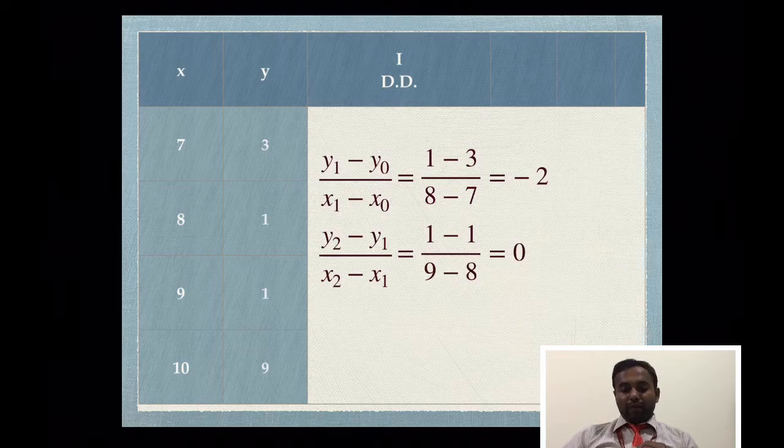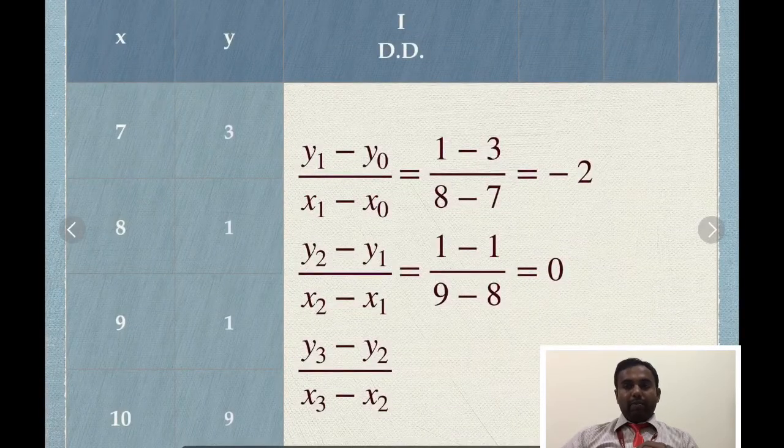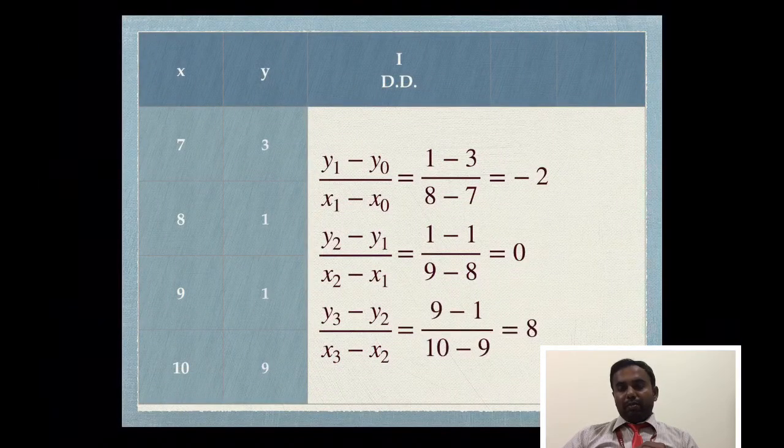In the next stage, I have y3 minus y2 divided by x3 minus x2. Analyzing it, y3 is 9 minus y2 which is 1, and x3 is 10 minus x2 which is 9. So we have 9 minus 1 divided by 10 minus 9, which is 8.